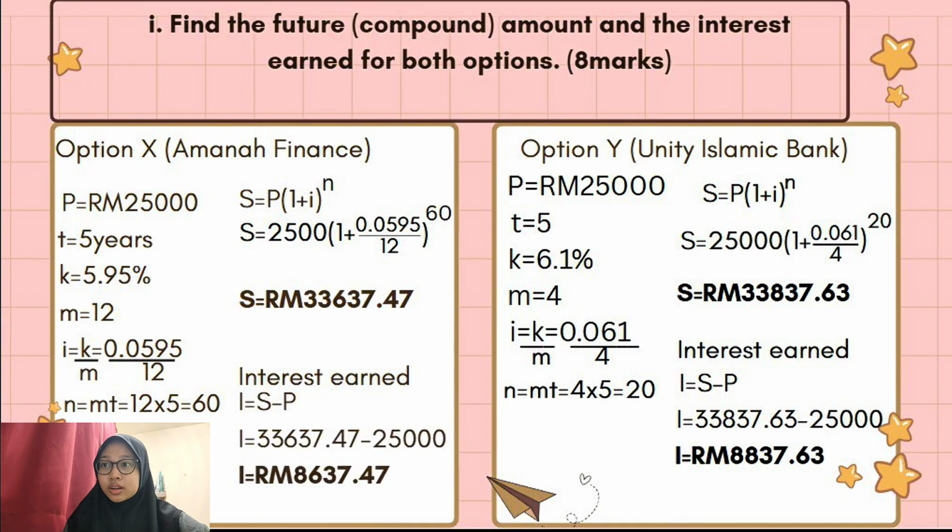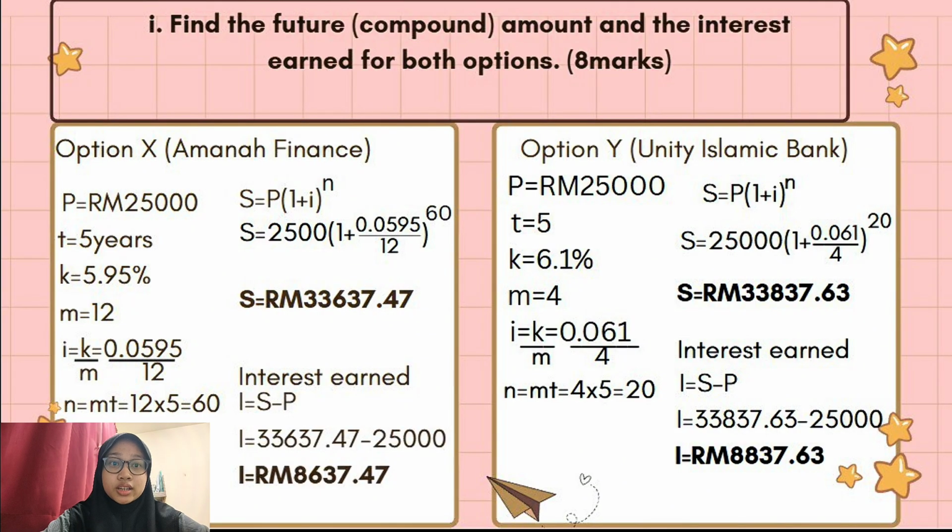The number of interest periods is 12 times 5 equals 60 periods, and the investment period is 5 years. We solve it by the formula given: future value equals 25,000 multiplied by the quantity 1 plus 0.0595 over 12, raised to the power of 60. And then we get the final future amount, which is 33,637 ringgit and 47 cents.